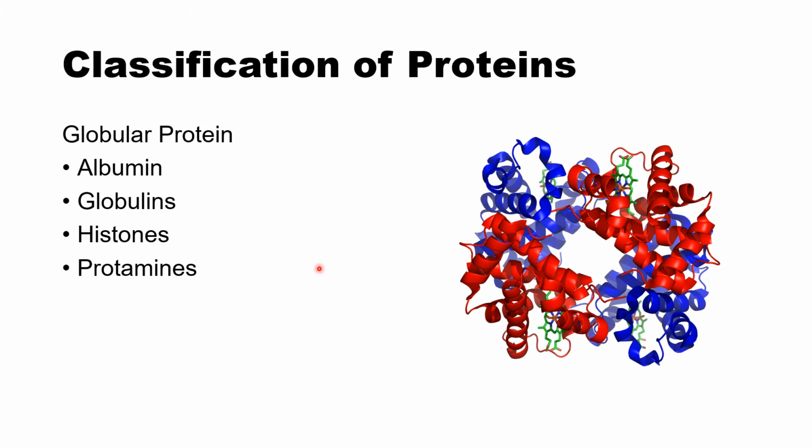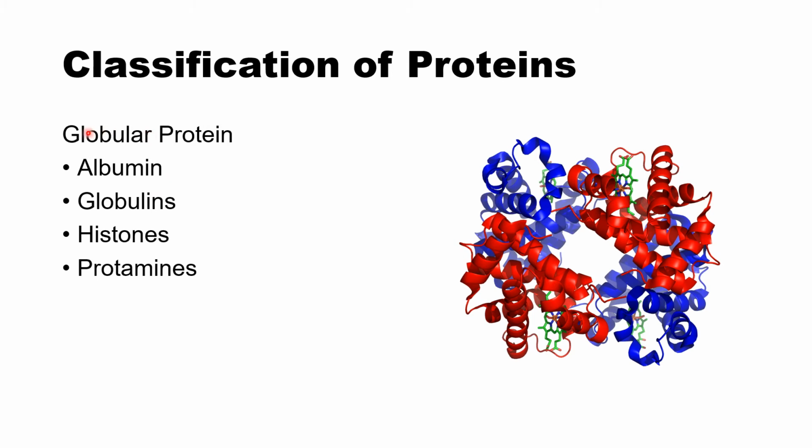Some examples of globular protein: you have the albumin. Albumin is water-soluble and heat coagulable, so it is soluble in water and reacts to heat.